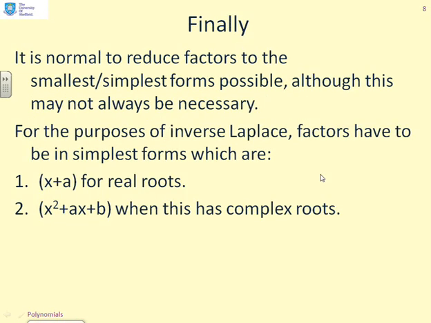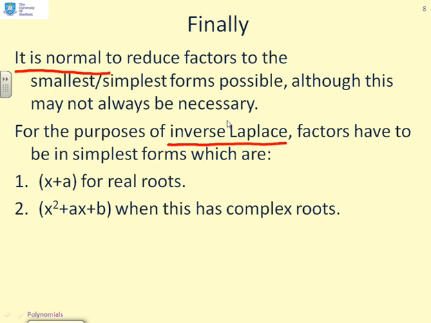Now, if you're dealing with polynomials, it is normal, it's not mandatory, but it's normal to reduce factors to the smallest or simplest forms possible. It's not always necessary, but generally, certainly in topics like control, where you're going to be doing inverse Laplace, it's far easier if you get the factors into the simplest forms. So what are these simplest forms?